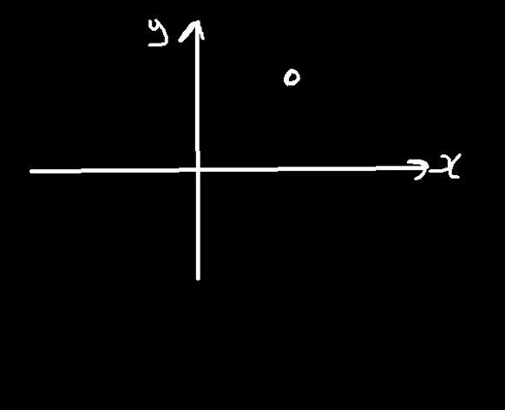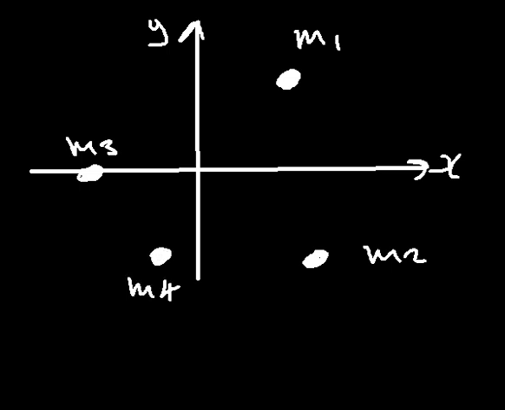Let's say this is the object of mass 1, and assuming that this is the object of mass 2, and we have another object here of mass 3, and another object here of mass 4.